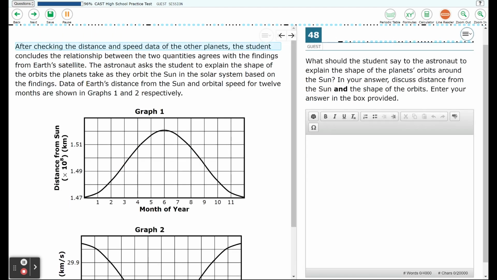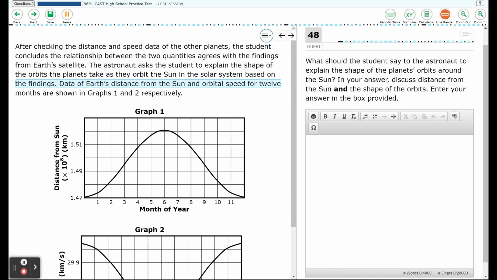After checking the distance and speed data of the other planets, the student concludes that the relationship between the two quantities agrees with the findings from Earth's satellite. The astronaut asked the student to explain the shape of the orbits the planets take as they orbit the Sun in the solar system based on the findings.